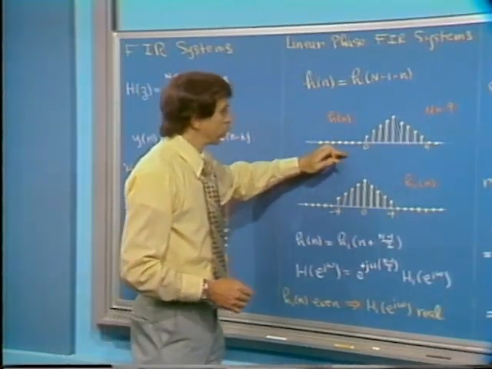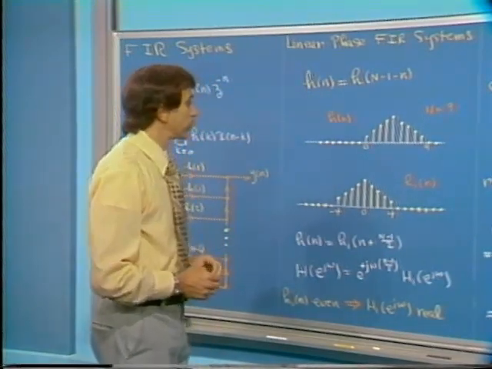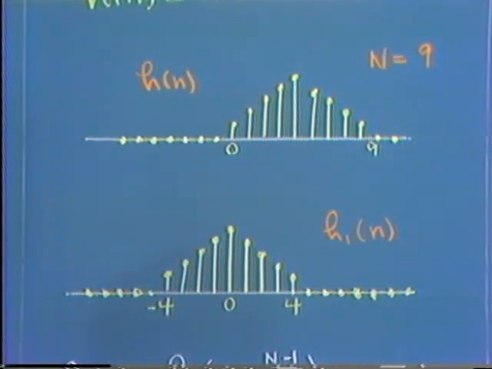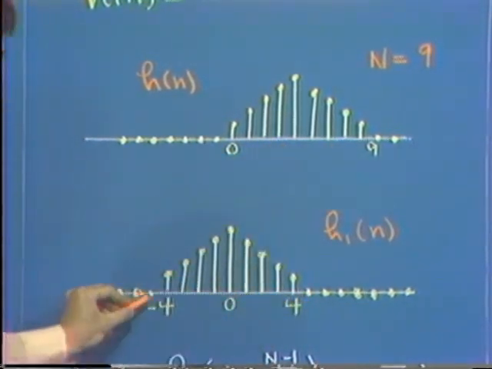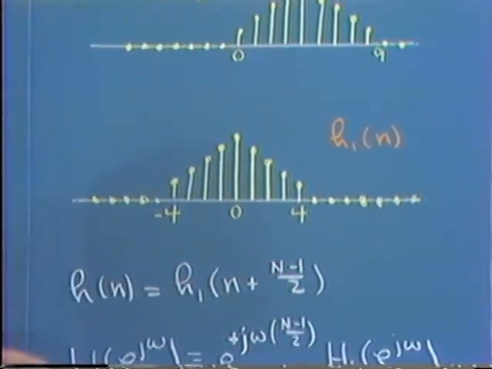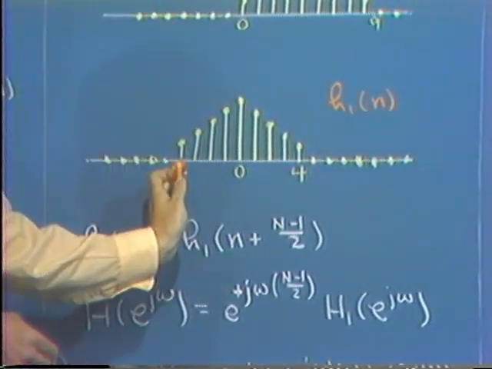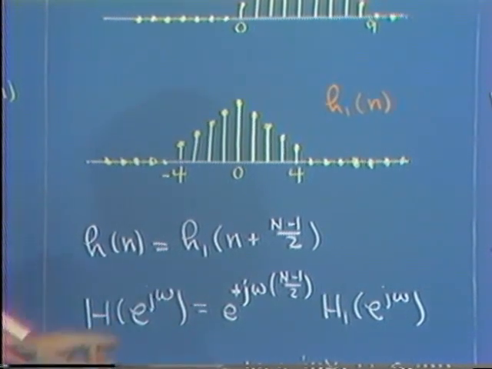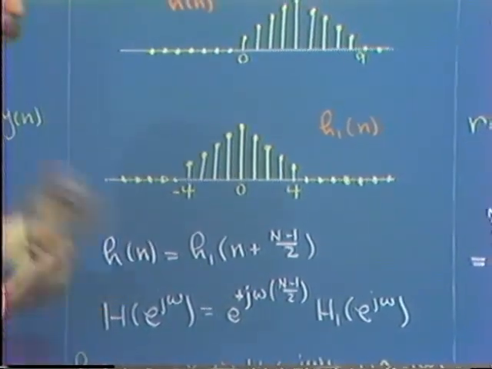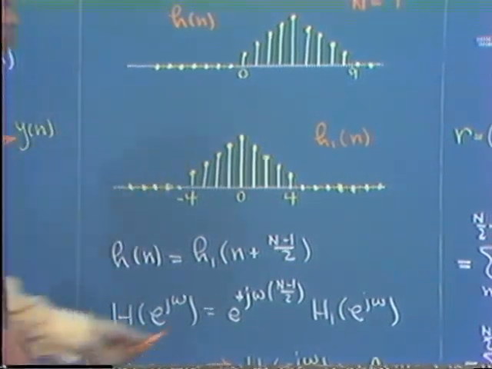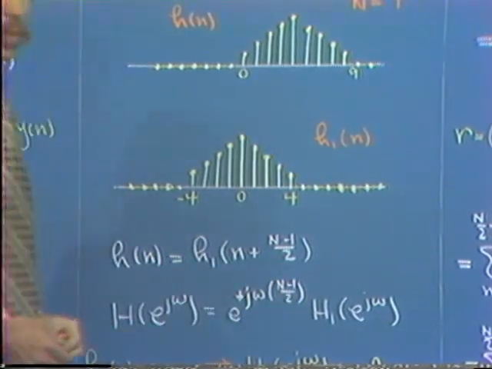Well, in fact, to stress once again that the phase is indeed linear, we can consider generating a unit sample response or impulse response h1 of n, which corresponds to this unit sample response, shifted so that it's centered around the origin, in which case h of n is equal to h1 of n plus capital N minus 1, or in this case, it's h of n is h1 of n shifted to the right by 4, and consequently, the frequency response for this system, or the Fourier transform of the unit sample response, is the Fourier transform of the unit sample response of this system multiplied by e to the j omega capital N minus 1 over 2.